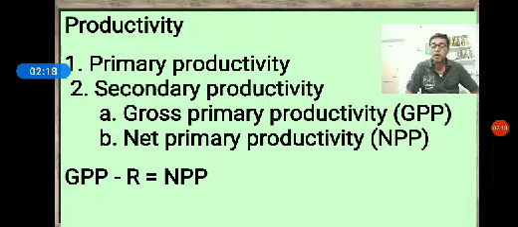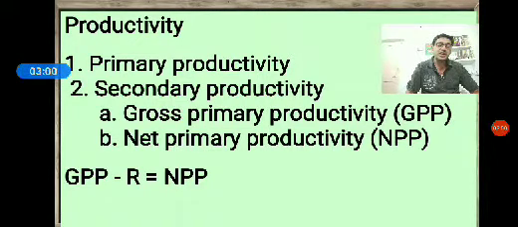That is, the biomass which is left in the producers after utilization of organic matter during respiration is called net primary productivity. So gross primary productivity minus respiration gives us the net primary productivity. The second type of productivity is called secondary productivity. It is defined as the rate of formation of new organic matter by consumers.